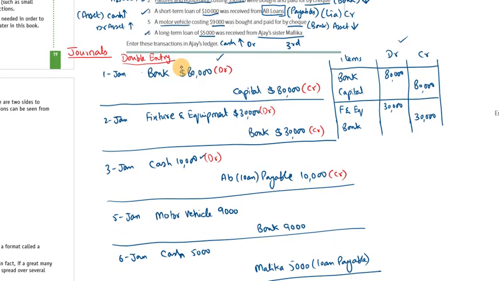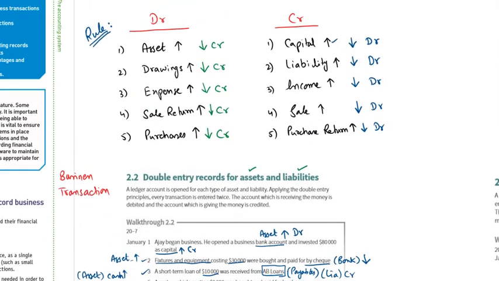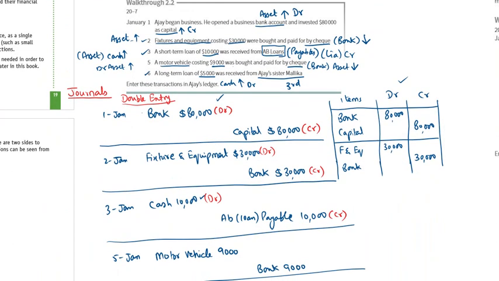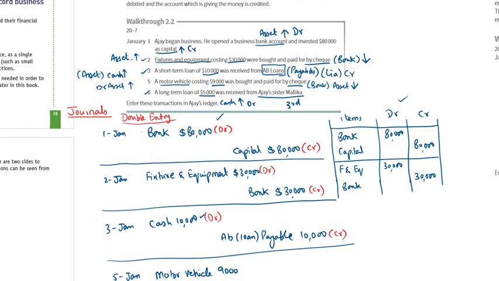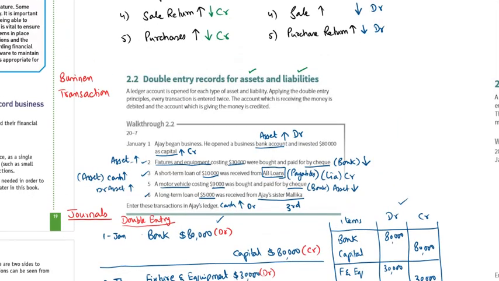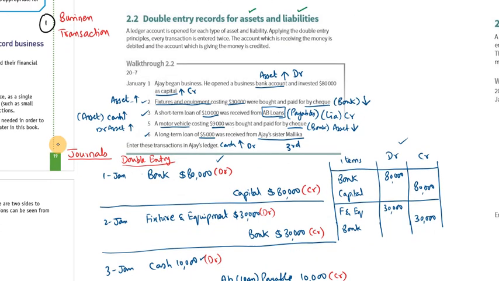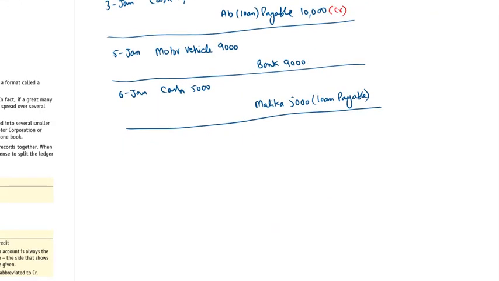So from this double entry, we will record the second important document, that is the ledgers. Number one is business transactions. From business transactions, we made journals, and from journals we made trial balance.